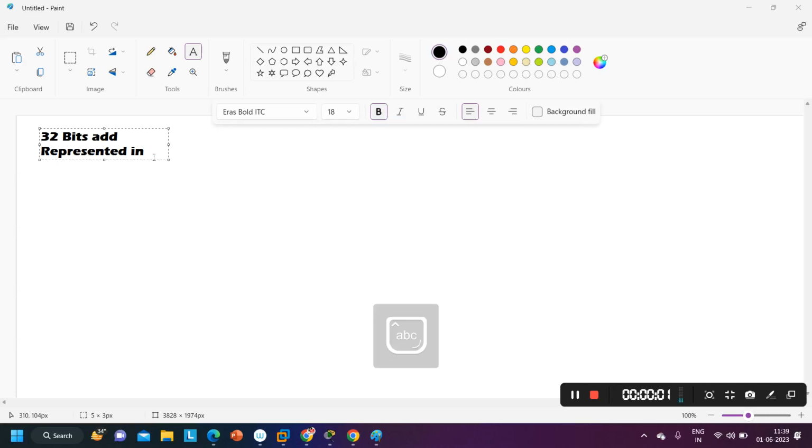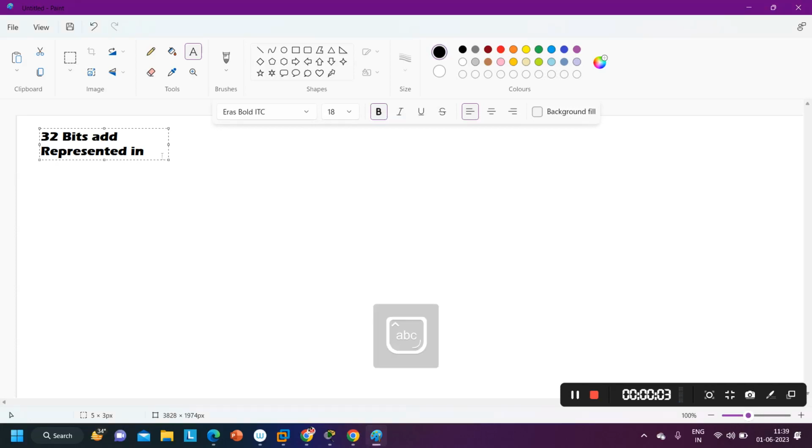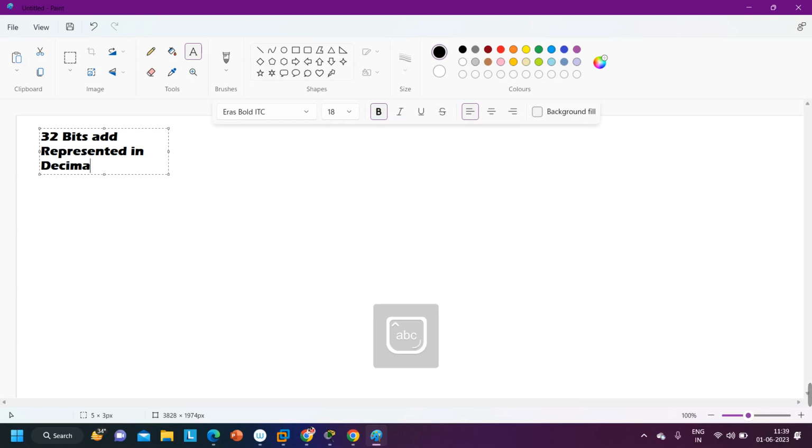Represented in decimal value. You know, IPv4 is a 32-bit address represented in decimal, and we have four fields, and each field carries 8 bits, right?